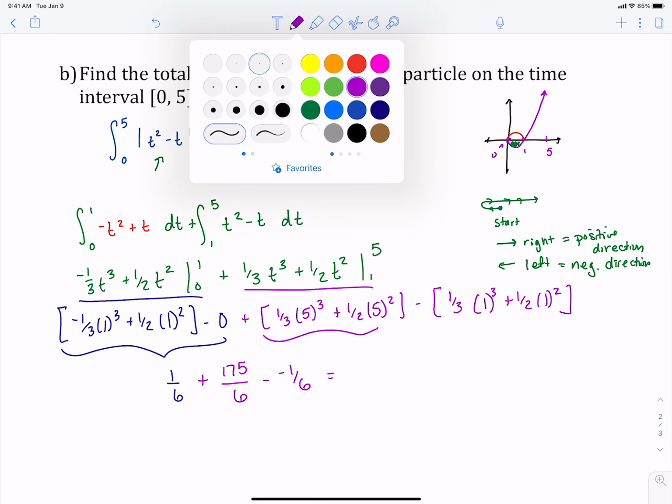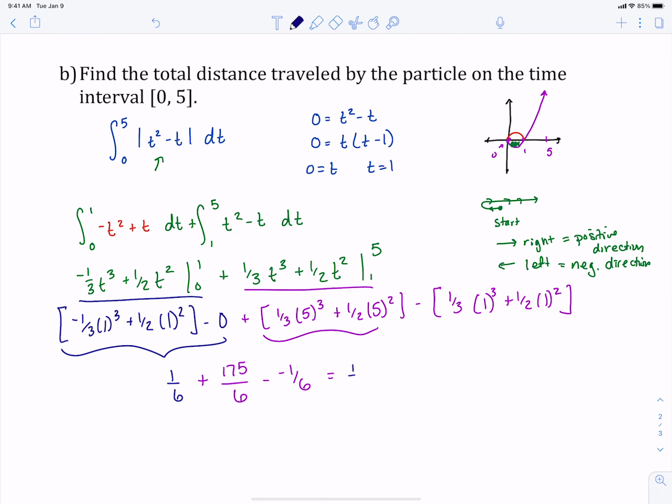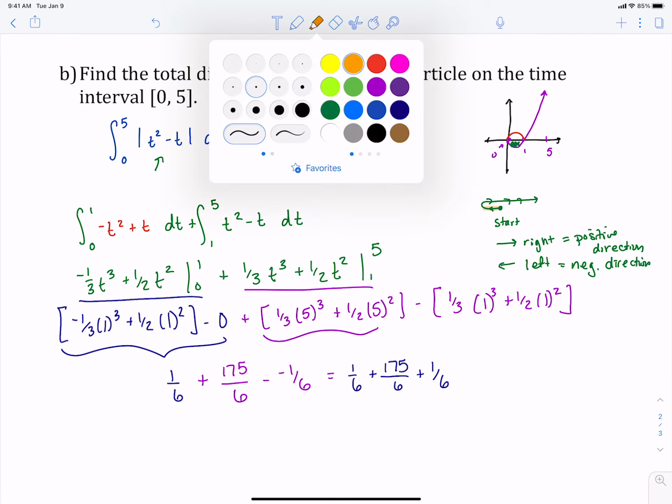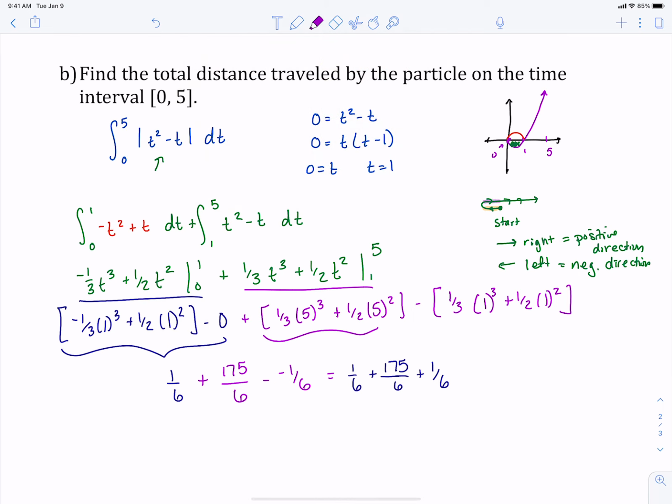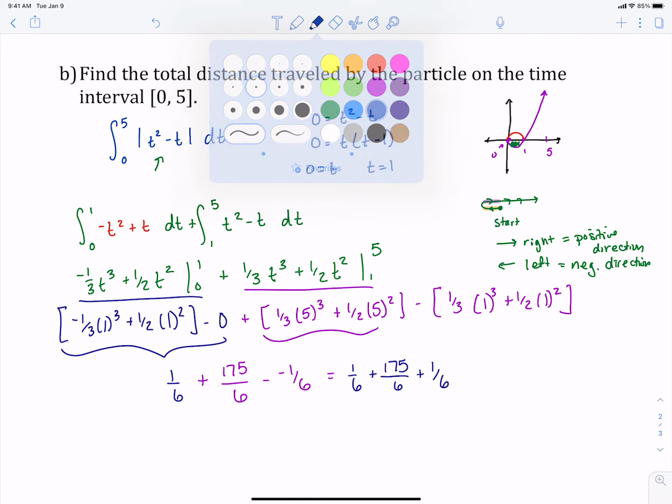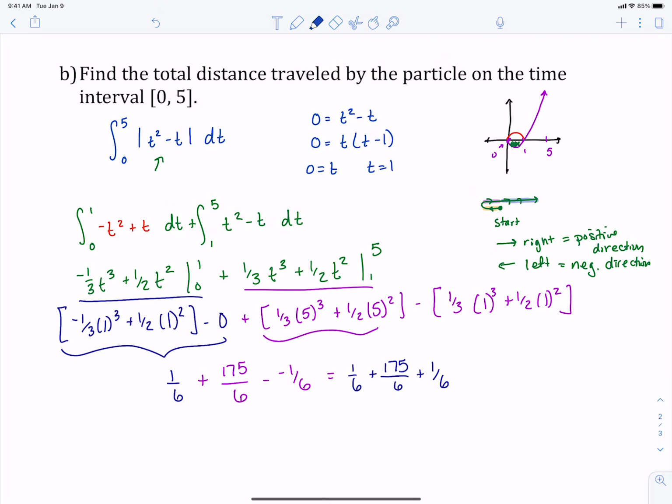So if you look at our numbers here, we've got 1/6 plus 175/6 plus 1/6. So those 1/6 is over here on our motion. That's our negative motion going backwards, and then this positive motion as we go back towards the start and get past it. And then lastly, that last number is this positive motion here.